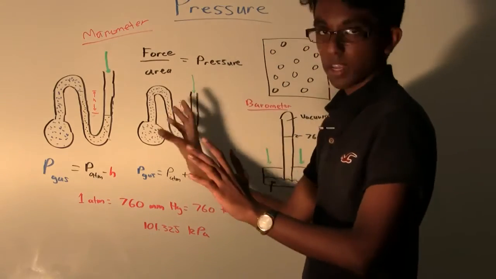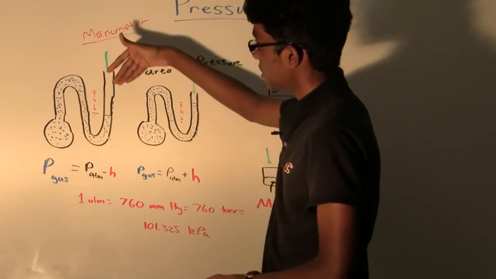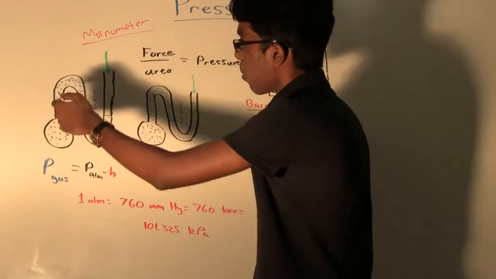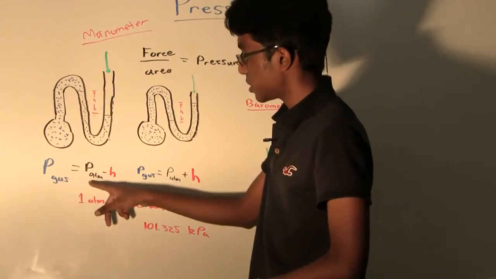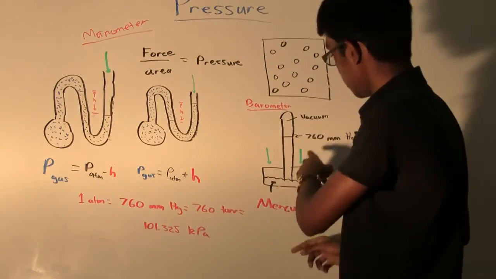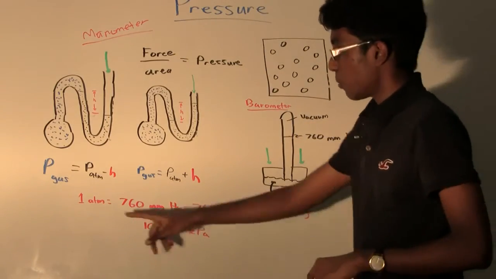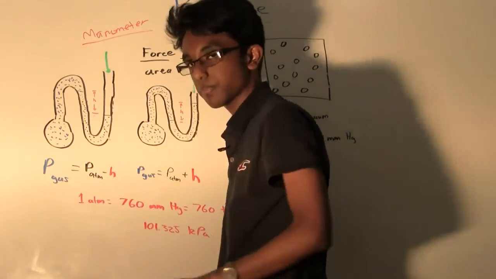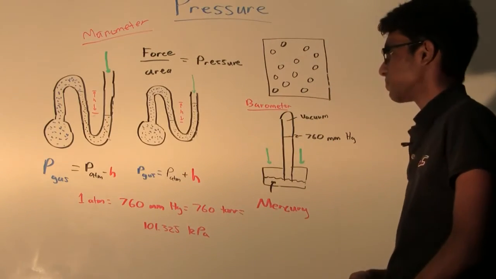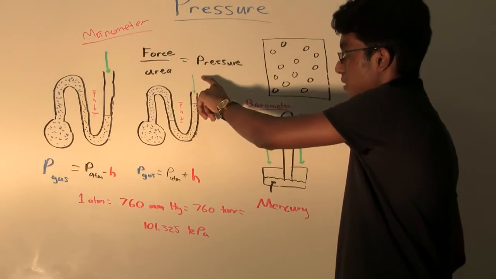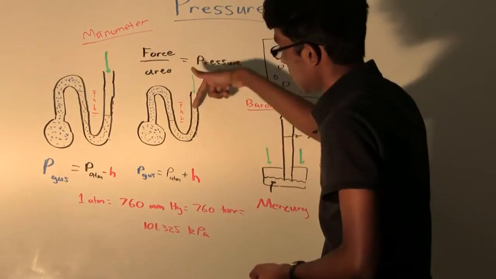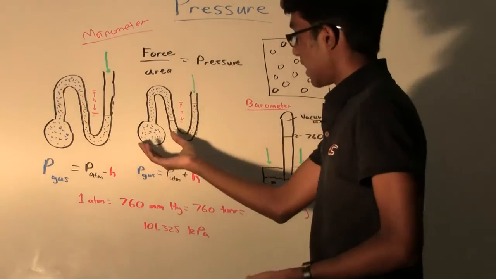If you don't understand this, again, I'm going to explain it. It's because the atmospheric pressure is pushing down on the mercury more than the gas, which is pushing it back up. So it is the pressure of the atmosphere, which is 760 millimeters of mercury, or 1 atmosphere, minus the height. Okay. In this example, again, we have the pressure from the atmosphere, which is pushing down on the mercury, and we have the gas, which is pushing.